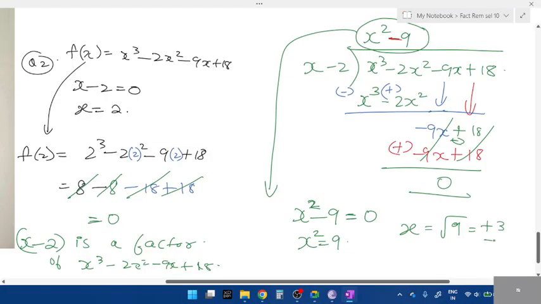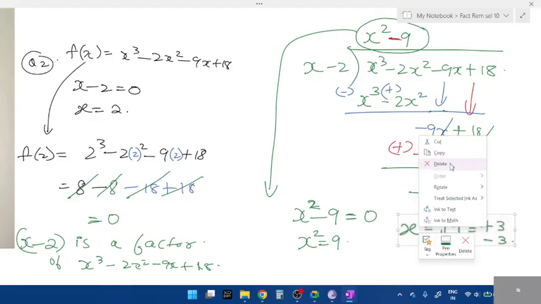Plus 3 and... isn't it the prime factor method? For the prime factor method, what's the degree? What's the degree of x? You're not following the basic concept. If the degree is square, how many values will it have? Two values. What are the two values? Plus and minus 3.